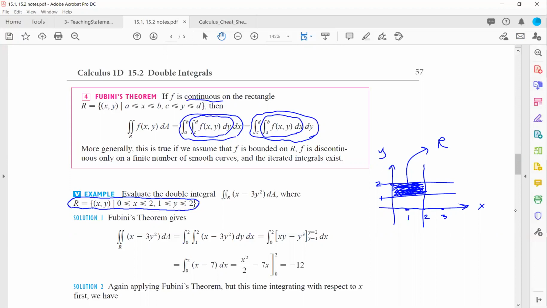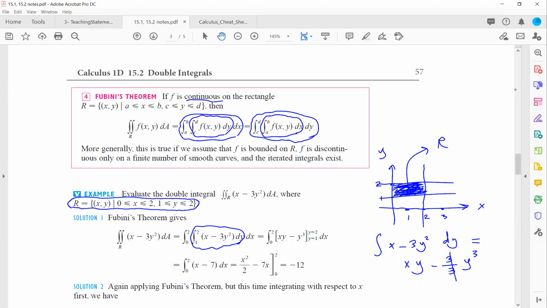Integral of x minus 3y squared with respect to y is equal to xy minus y cubed. So take a look at this. The integral of x minus 3y squared with respect to y is xy minus 3 over 3 y cubed.